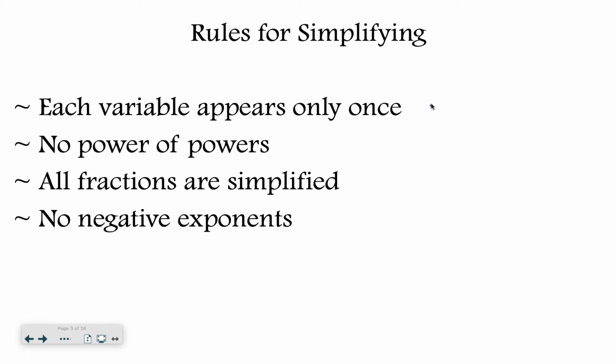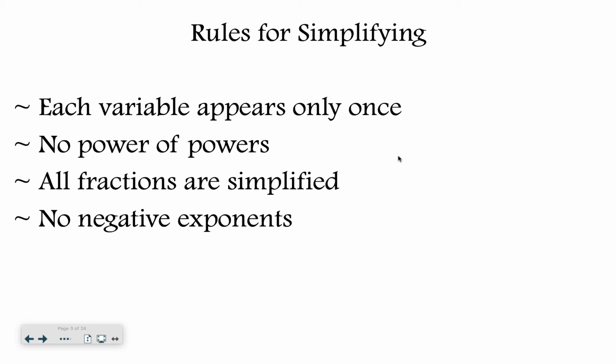So if I have an x squared and an x cubed in a problem, I have to put these together so that it's just x raised to a number, and I'll teach you more about that later. And then there can't be any power of powers. We're going to look at an entire example on what a power of a power is.